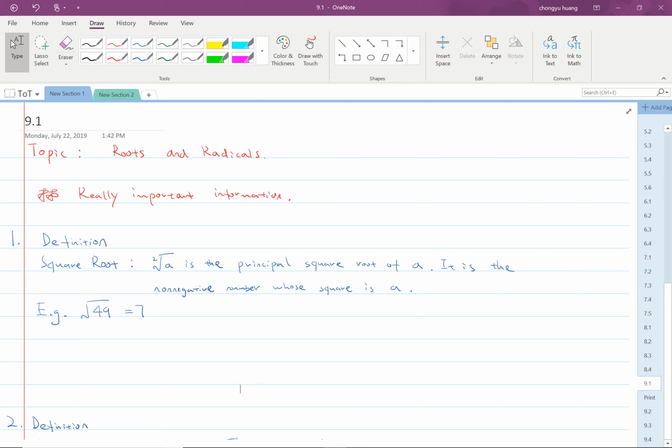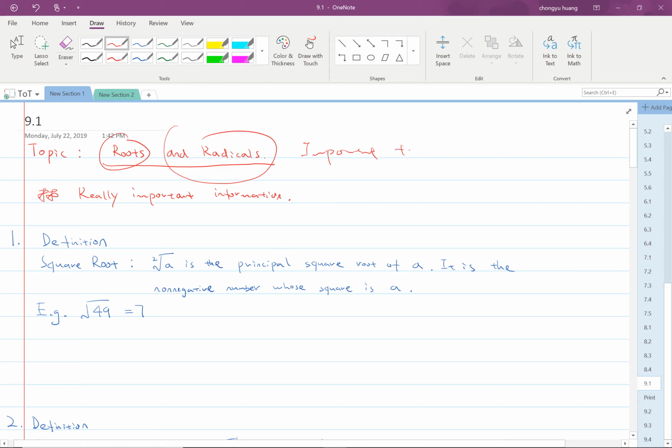Okay, hello everyone. Our topic today is root and radical. This is a really important topic, so we're going to talk about some really important information first.